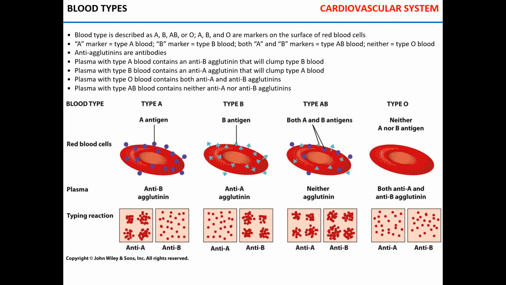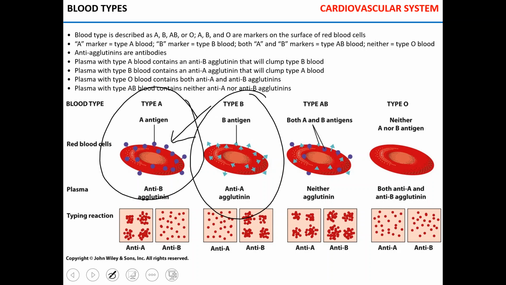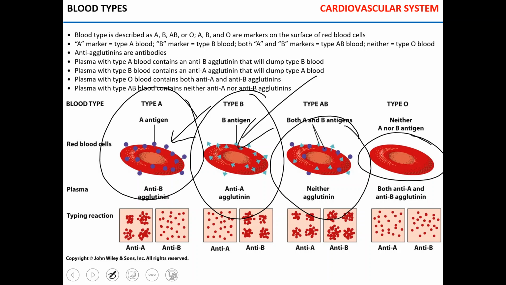So for instance, blood type A contains A antigens or agglutinogens, okay? Those are markers. These markers are agglutinogens on the surface of the red blood cell. Type B contains B agglutinogen. Type AB contains both A and B agglutinogen, and type O contains nothing. No agglutinogens at all, no markers.